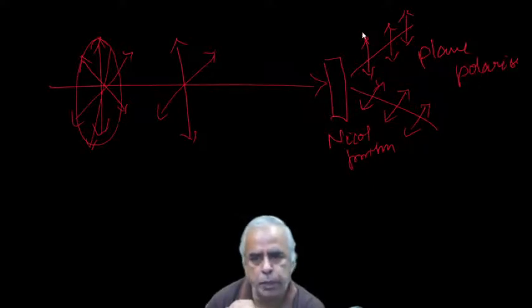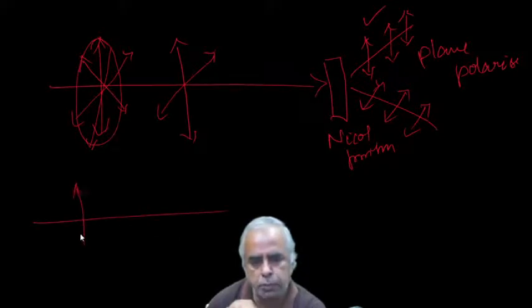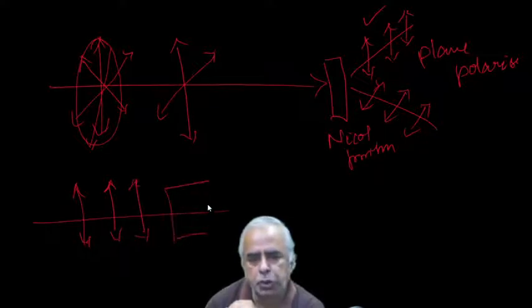When such plane polarized light is passed through an optically active solution like sugar, what happens is that it may rotate.